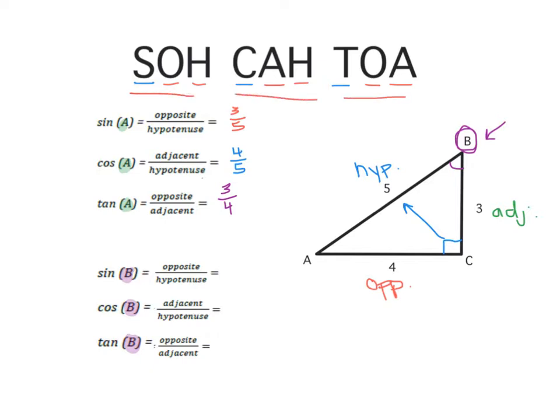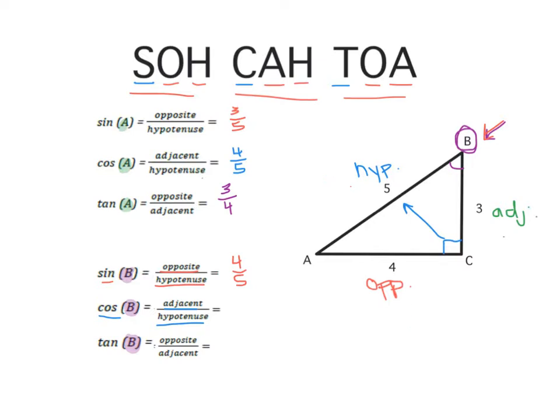Okay. Now that we have our triangle terms reset up, we can go through SOH CAH TOA again. Sine of B equals opposite over hypotenuse. So if we're looking at angle B here, the opposite over the hypotenuse, so 4 over 5. Cosine is adjacent over hypotenuse, so get rid of these arrows.